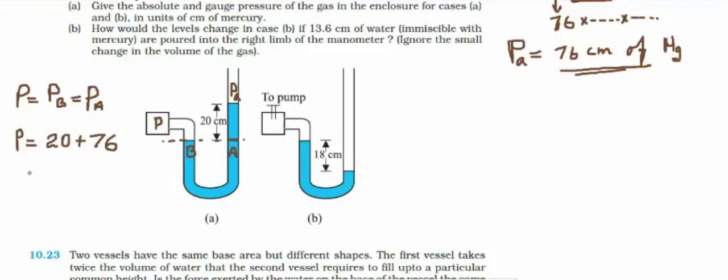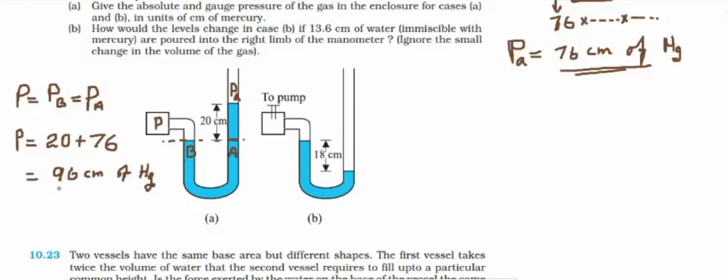Therefore, the pressure inside the bulb is 96 centimeter of mercury. That is the total pressure.